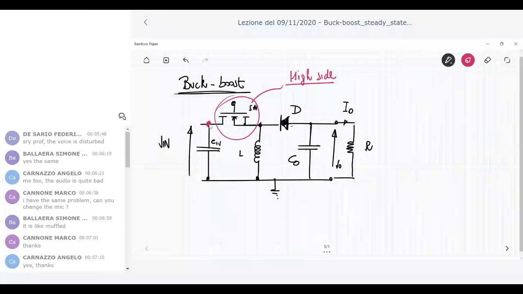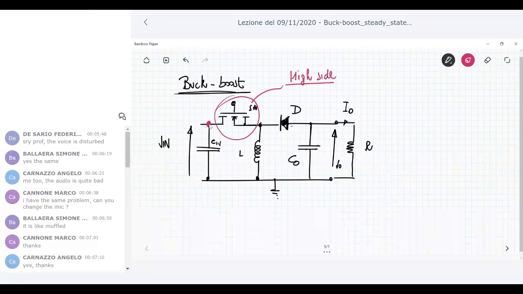So the buck boost switch experiences all the overvoltages you can have on the input side. That can be a little bit dangerous, so you may have to think of some way to protect it.